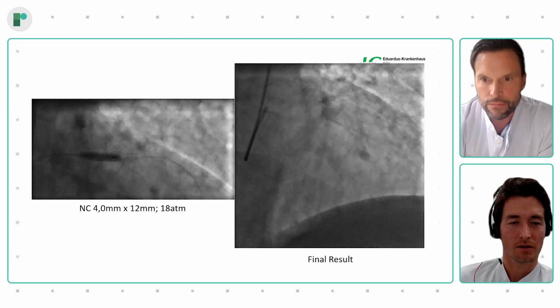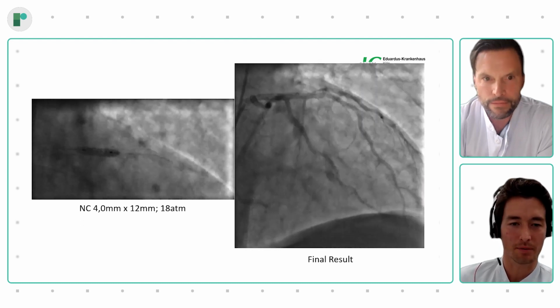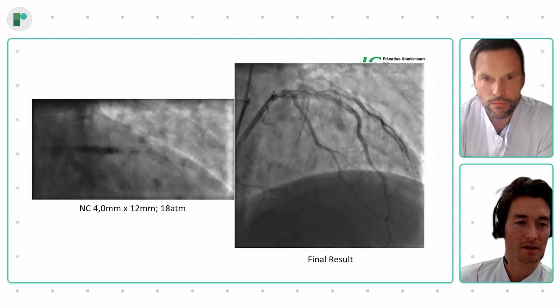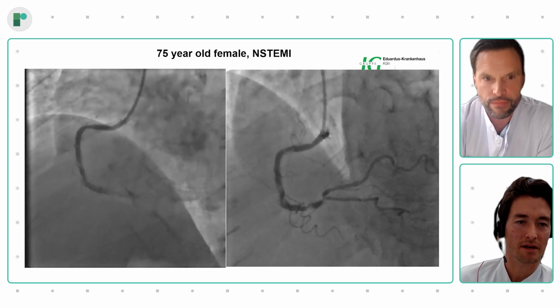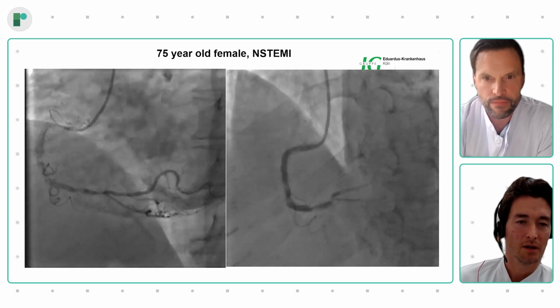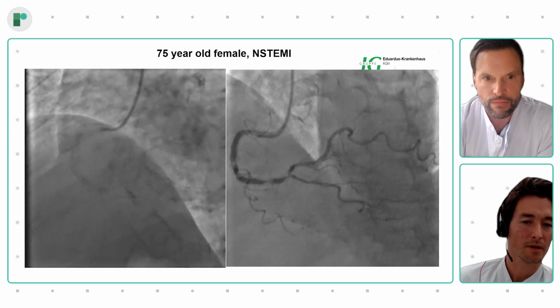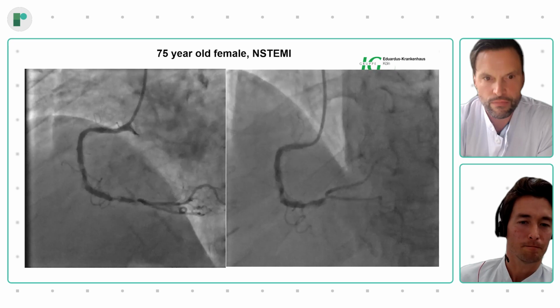Yeah, so I would show you some more examples, because I think by showing many examples from our everyday clinical practice, I personally learn the most. And this is a case of a 75-year-old female who obviously had very severe coronary artery disease, specifically of the right coronary artery.